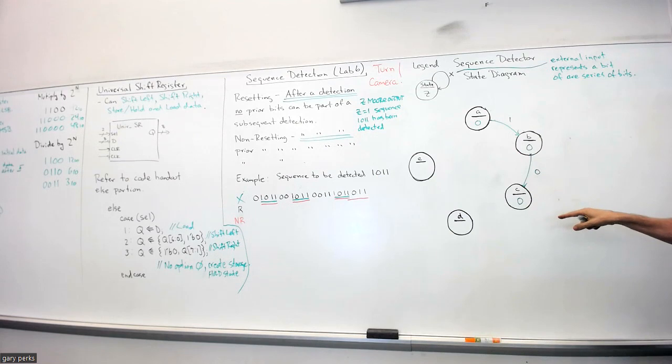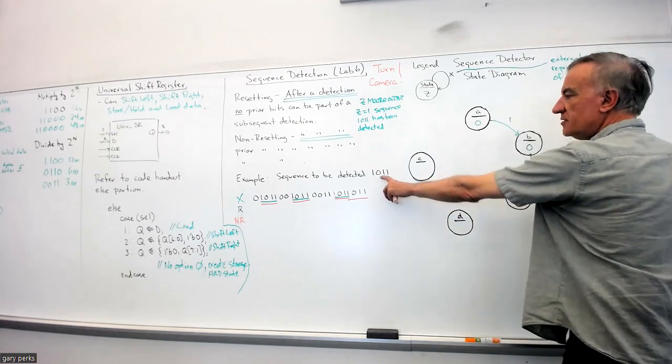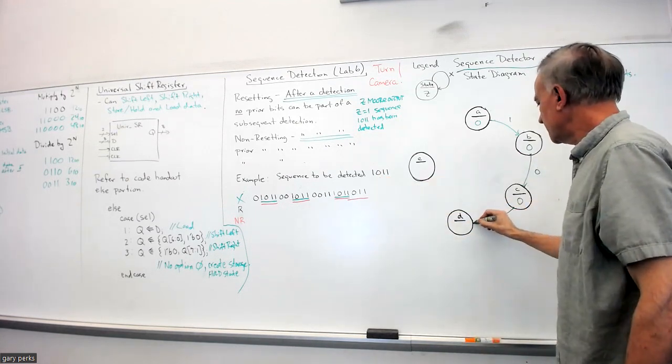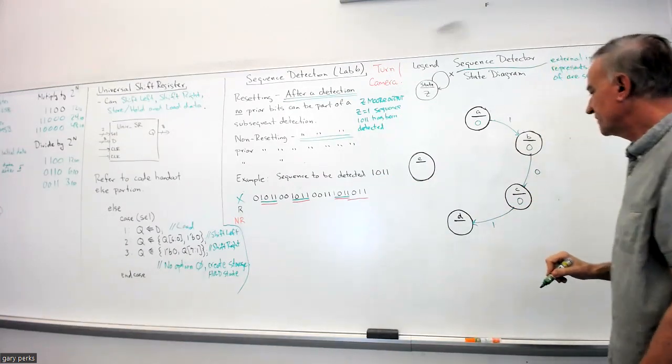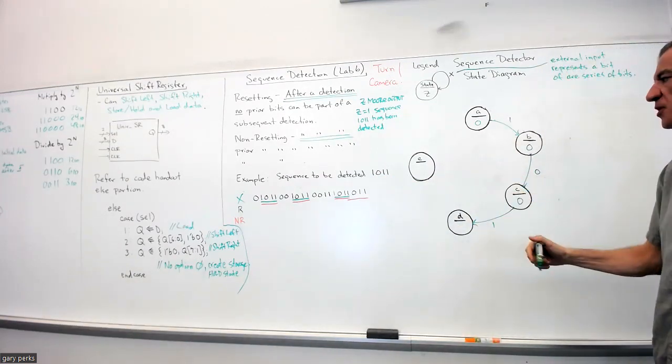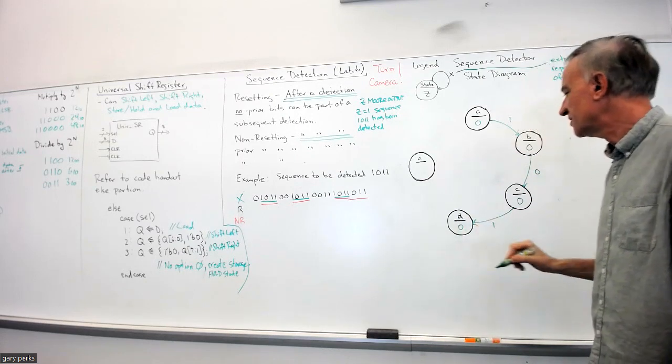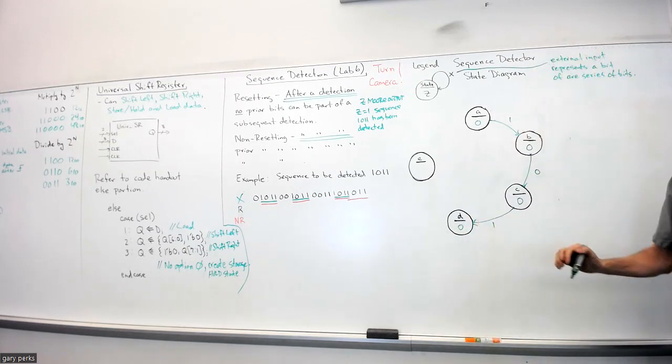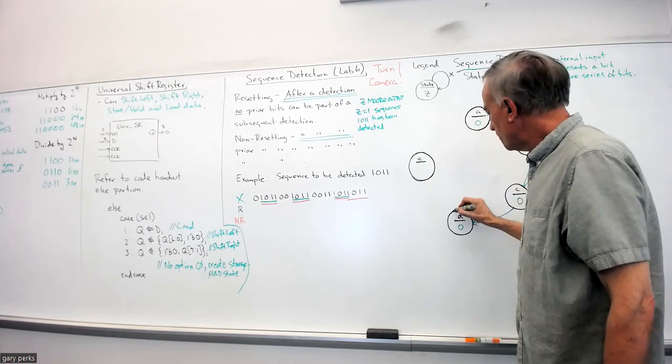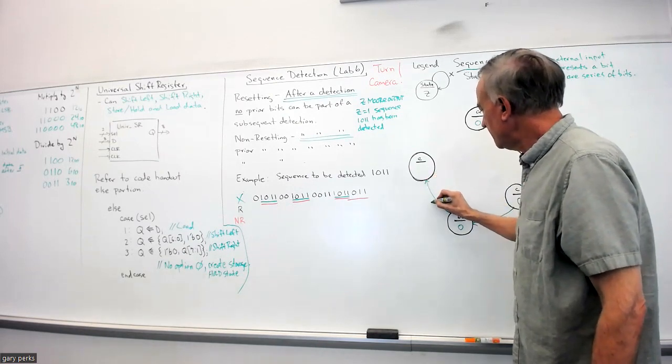I'm in state C. If I get a 1, I'm going to move to the next state because that's part of the sequence I'm looking for. And again, I haven't detected the 1, 0, 1, 1 yet, so Z would be a 0. I'm in state D. And if I get a 1, I'm going to go to state E.